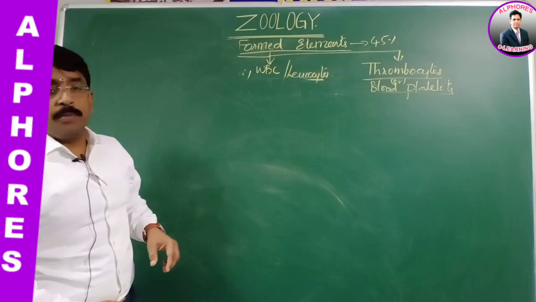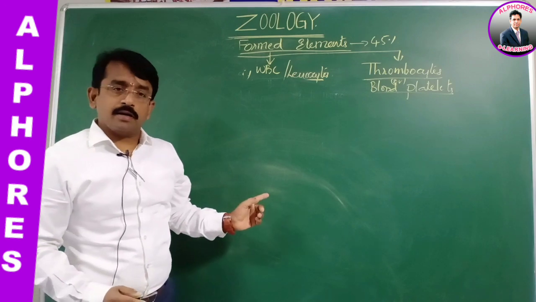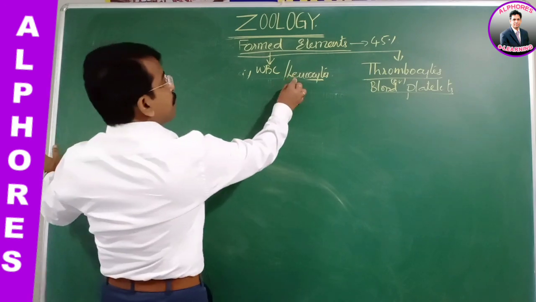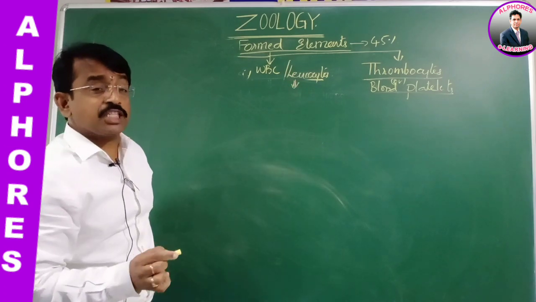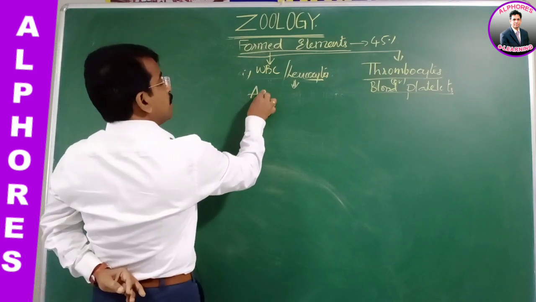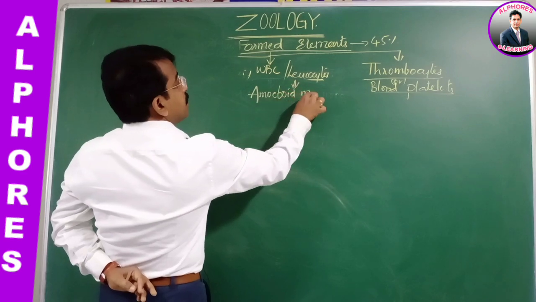In WBCs we discussed the granulocytes and agranulocytes. Generally WBCs change their shape like an amoeba, so they are said to exhibit amoeboid movement.